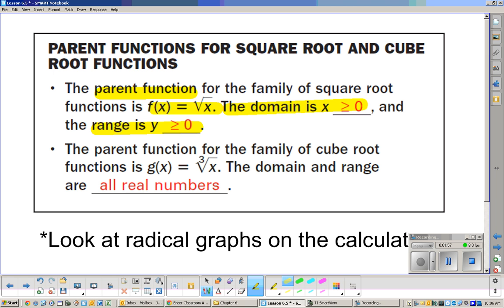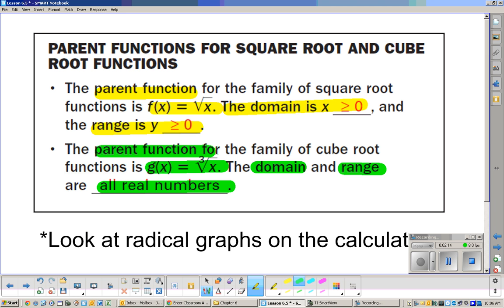Now, for the parent function of cubic root, then we have g of x is the cubic root of x. The domain and range are a lot simpler because, look, the domain and the range are all real numbers. All right, that was cubic root. So let's just suppose you were dealing with the fourth root.